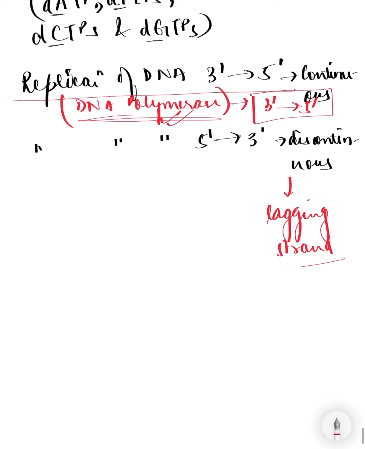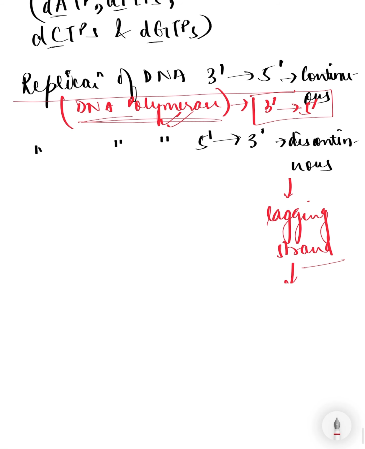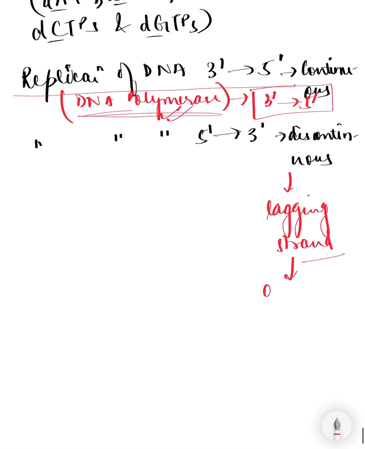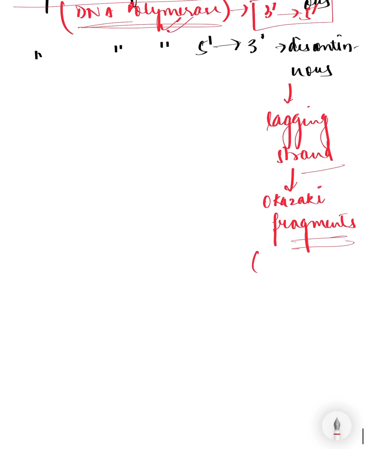But what happens, these lagging strand pieces, these broken strands of DNA are called Okazaki fragments. These are called Okazaki fragments because there was a scientist who discovered these strands.